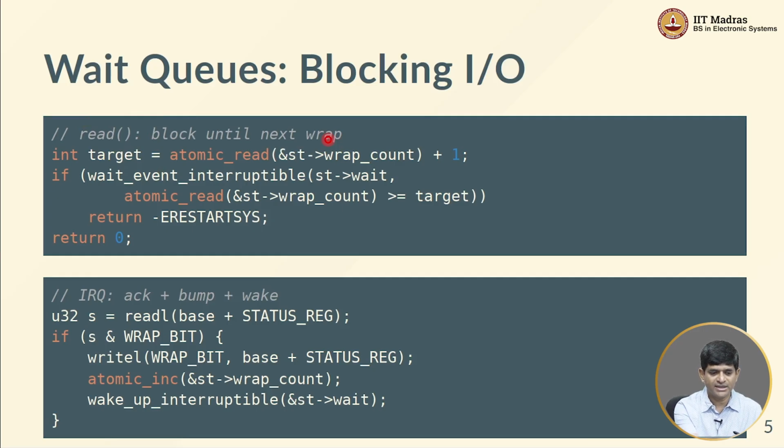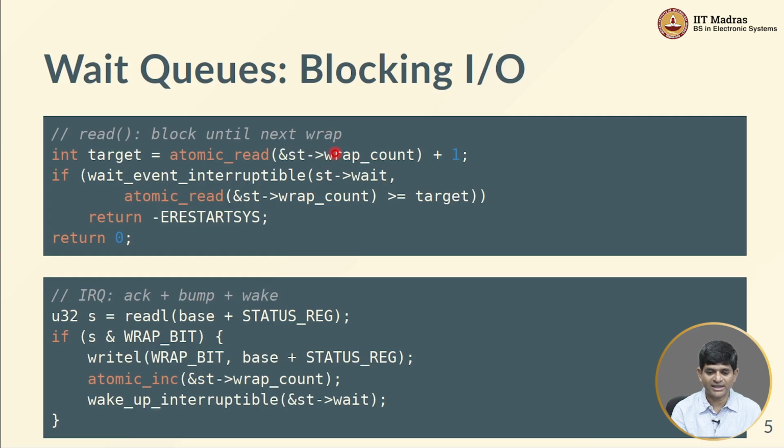The way that we do it is, the read function basically calls this function called wait_event_interruptible. Now what does this wait event mean? It basically gives an extra variable on which we are waiting, and this particular variable is a special data type inside the kernel, which is essentially capable of handling events.